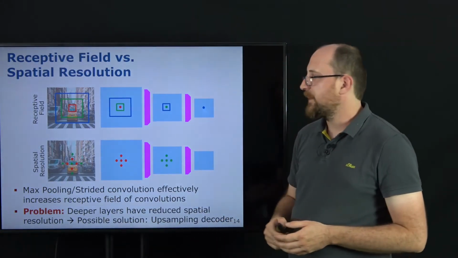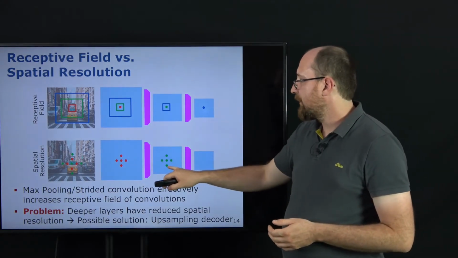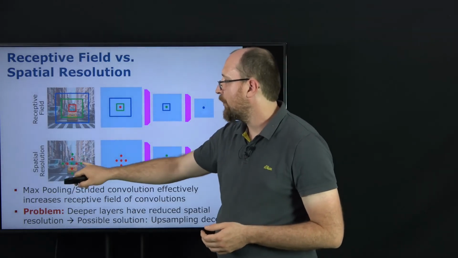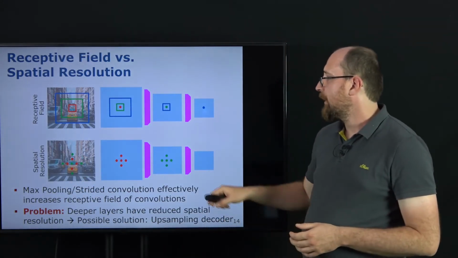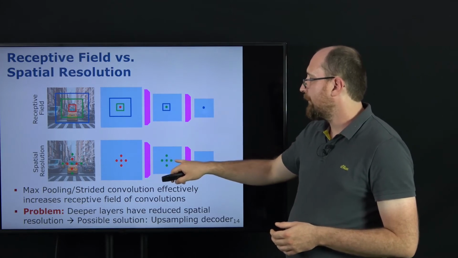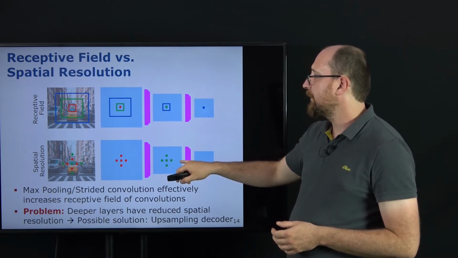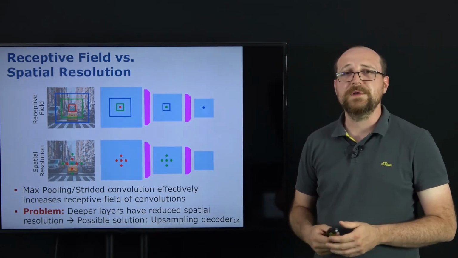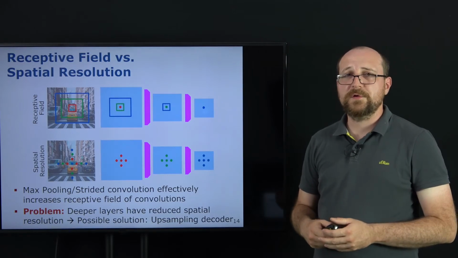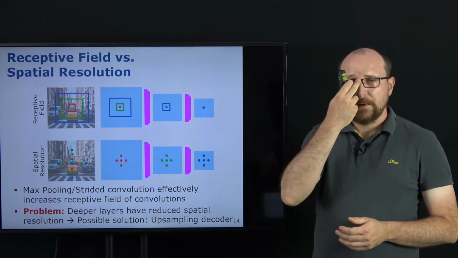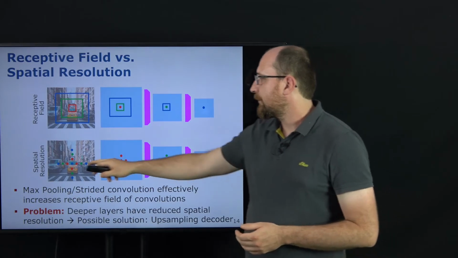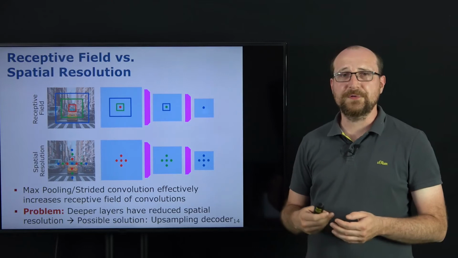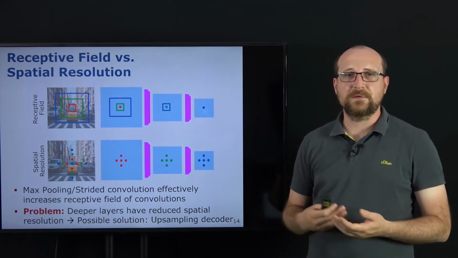But when we are going down, neighboring entries from this feature map are represented by the strided points in the original image. So when we are striding over this feature map, we are making larger jumps in the original image. And the deeper we get in the network, the larger these jumps in spatial resolution become. This is one downside of using strided convolutions.